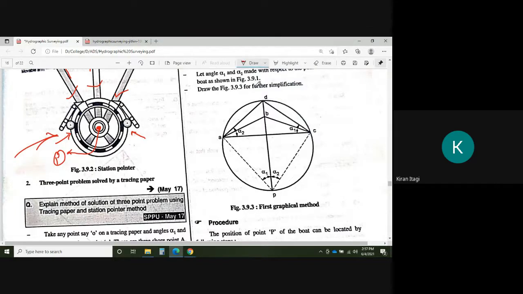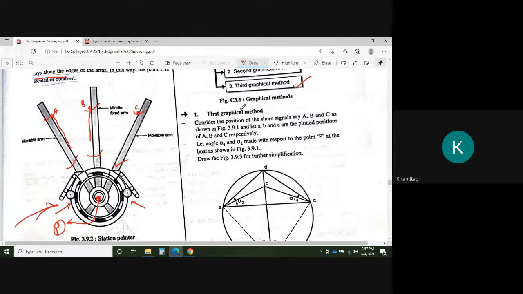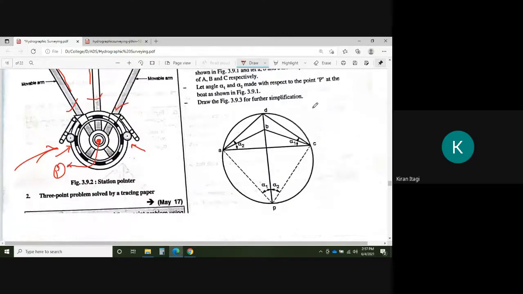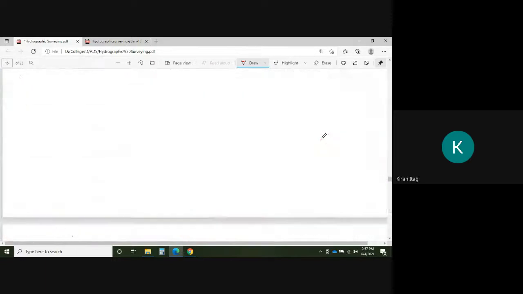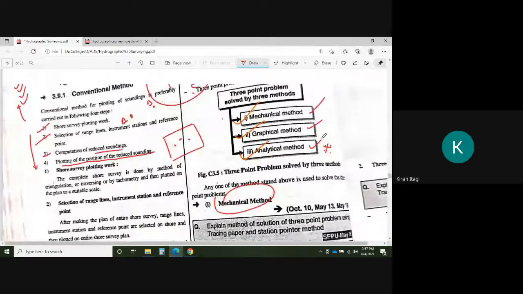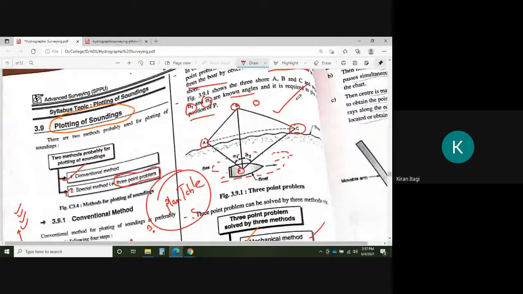Now, first graphical method: consider the position of the shore signals, say A, B, C. While understanding this concept, keep this image in your mind: this is station A, B, C, which are on the shore, and this P point, which is in the water.